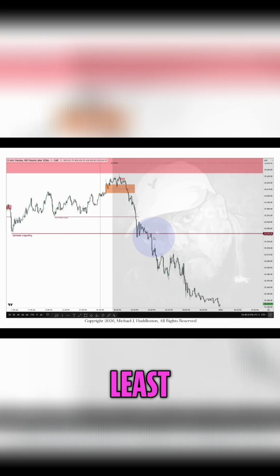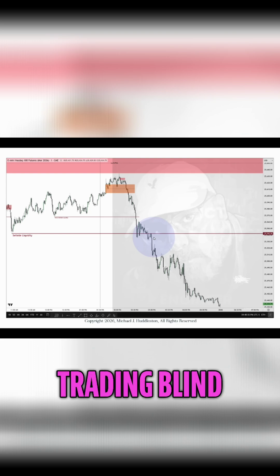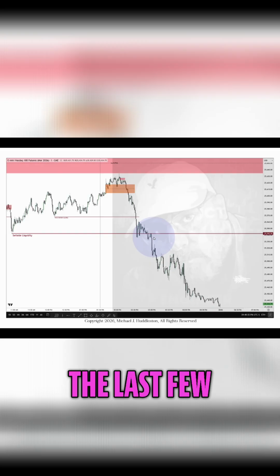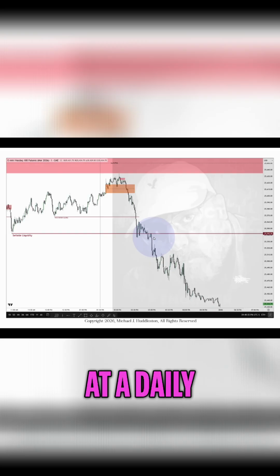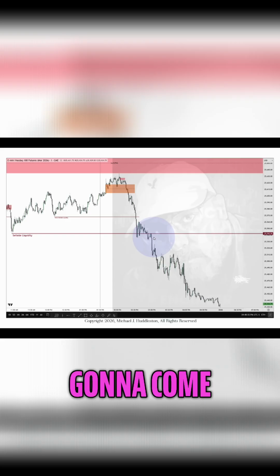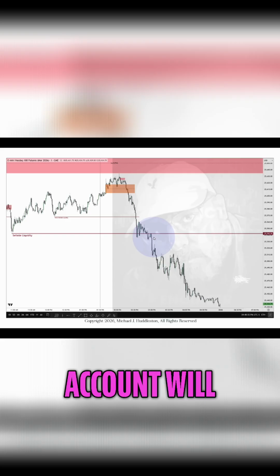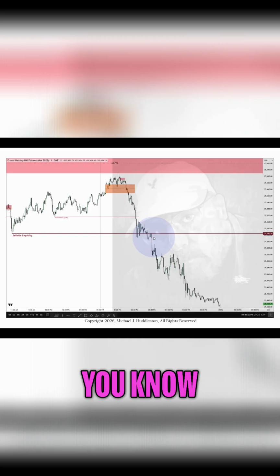If you aren't at least conferring with the daily chart in your trading, you are trading blind. I don't care if you're making money. I don't care if you're getting hot hands in the last few weeks or months or whatever. If you're not looking at a daily chart, eventually the inevitable is going to come, and it's going to collect your head, and your account will be collateral damage.